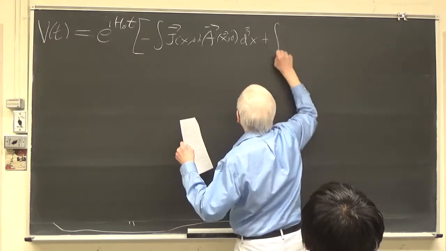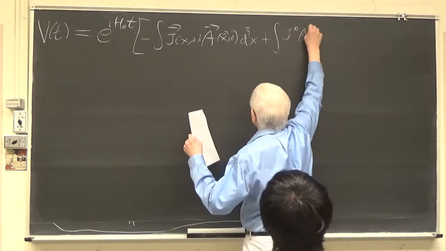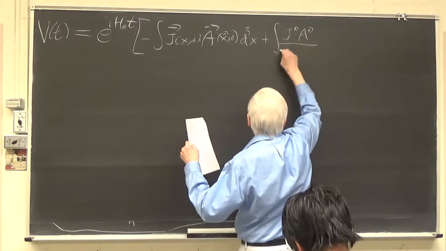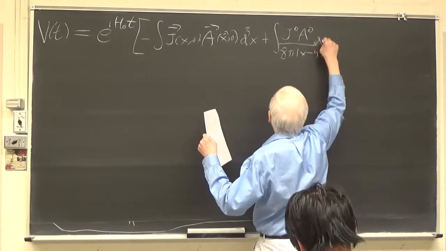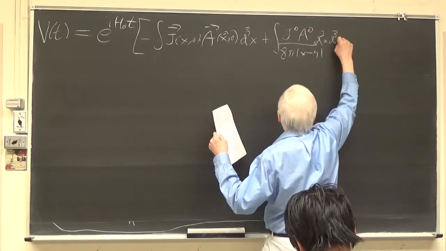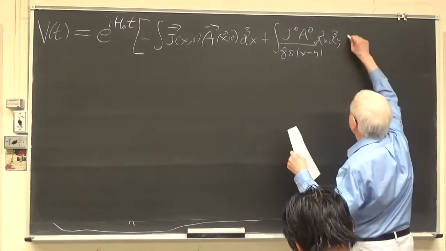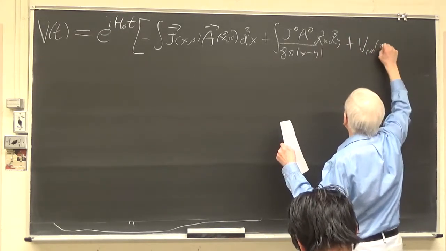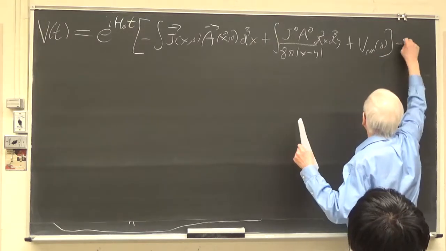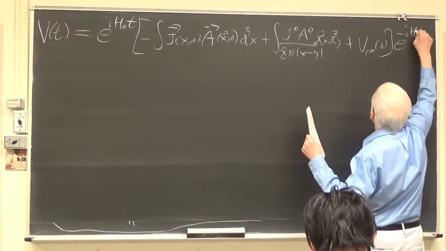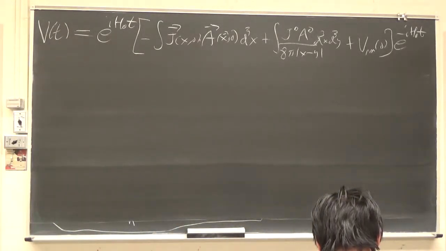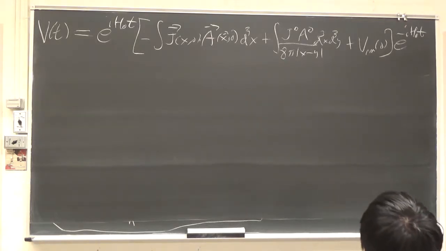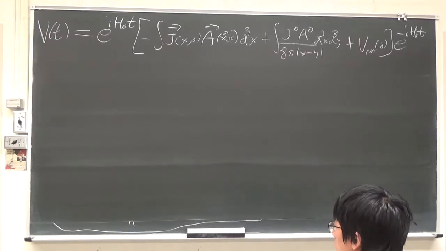And then there's a Coulomb term, which is J0, A0 over 8 pi x minus y, d cubed x, d cubed y, and then if there's some matter interaction, it's there, and then e to the minus I h0 q. So that's our interaction.